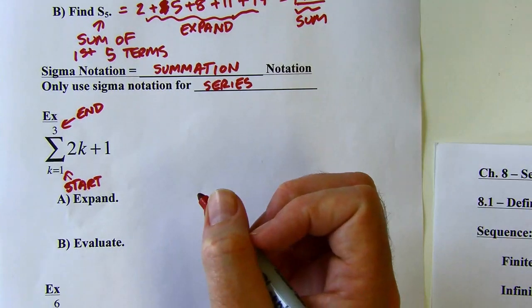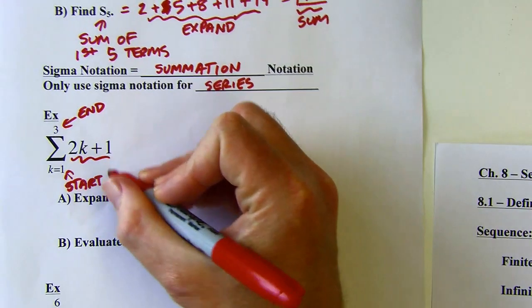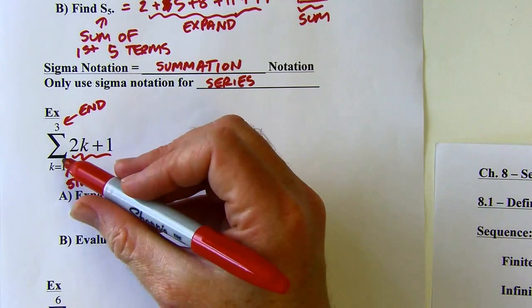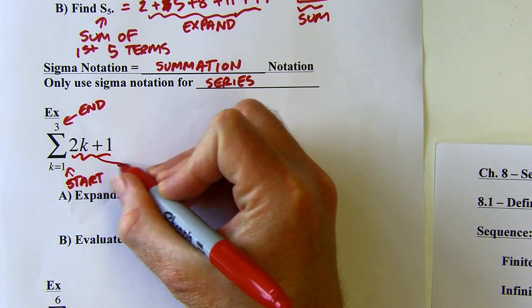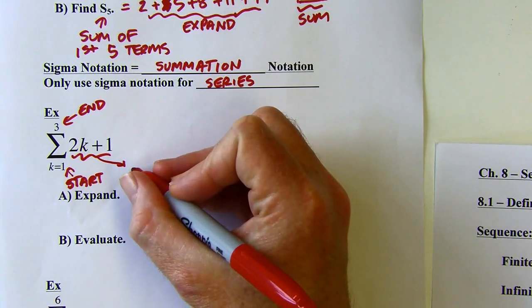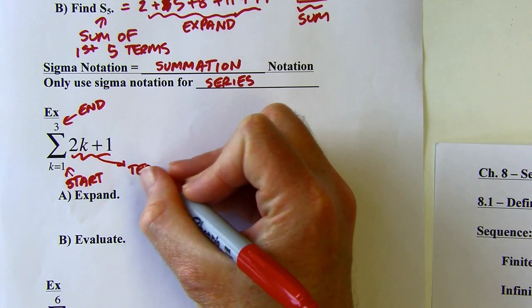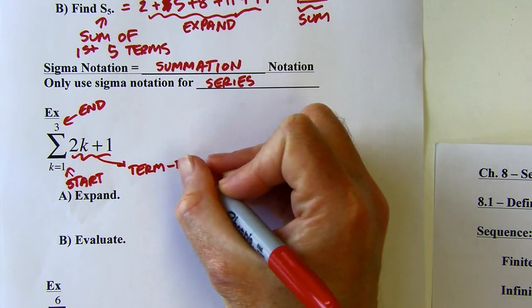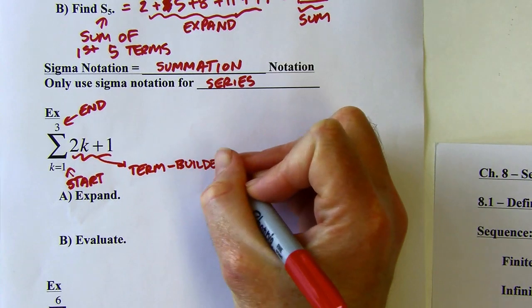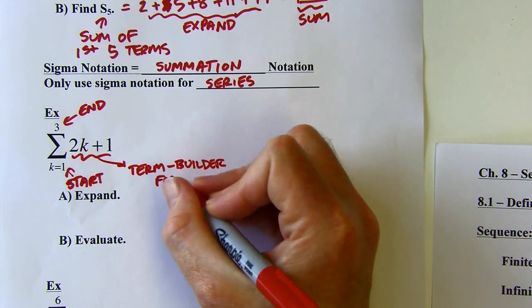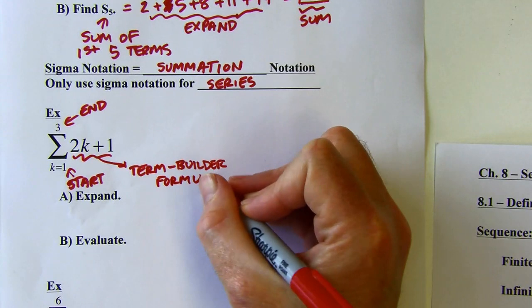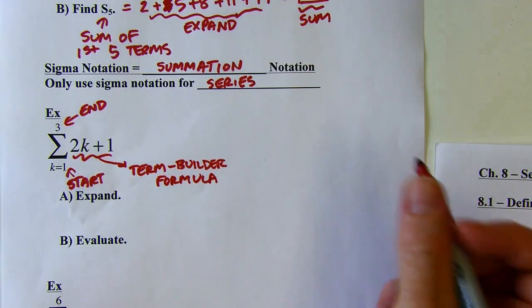I call what's to the right of the sigma my term builder formula. That's not a technical term, but that's just what I call it, because that's what this part does.